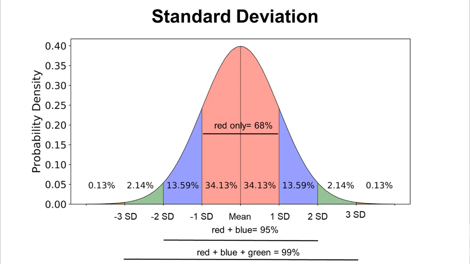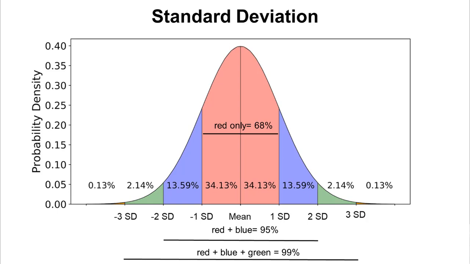Okay, this slide shows the bell-shaped curve as well as the different standard deviations. If everything is equal, plus or minus one standard deviation from the mean, indicated as red only, represents 68% of the total population within one standard deviation of the mean of the entire data set.